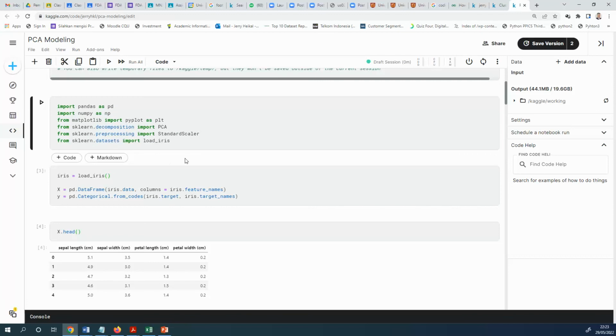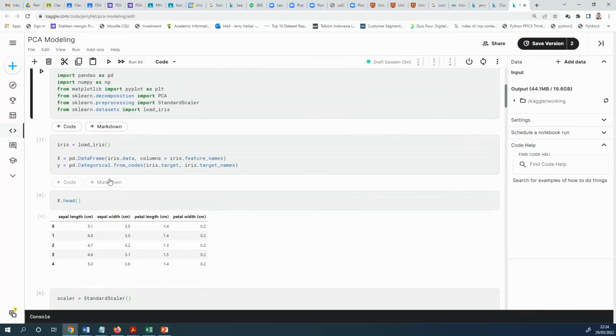I use the iris data. So let's see iris. We load iris, and X is the data frame from the iris data, where the columns are the iris feature names.